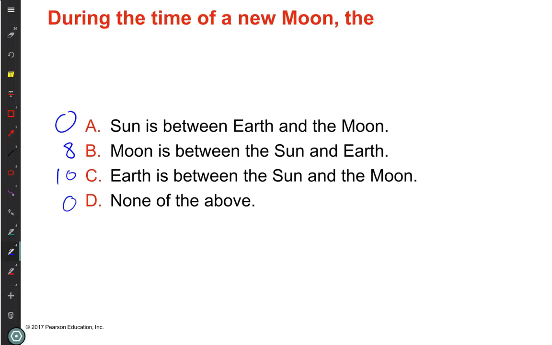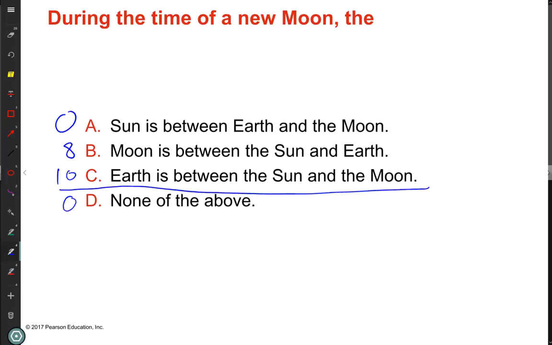Okay, so Candace, which one did you answer? Because we had a pretty even split there. I answered C because isn't it when the moon is going around the earth and it's on the opposite side of the sun? So the earth is between the sun and the moon.